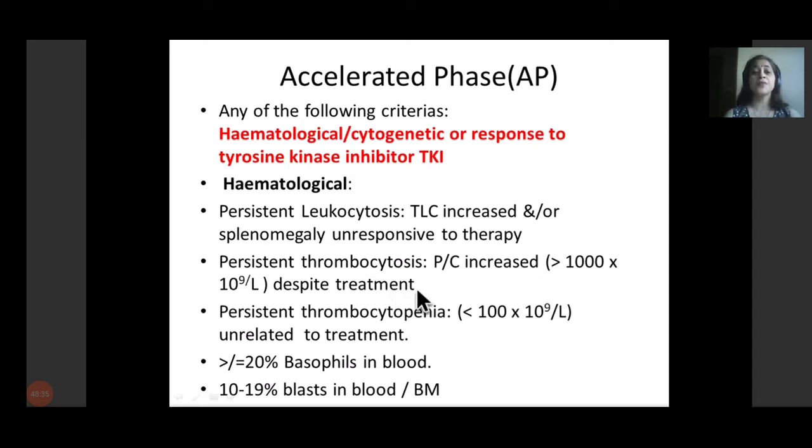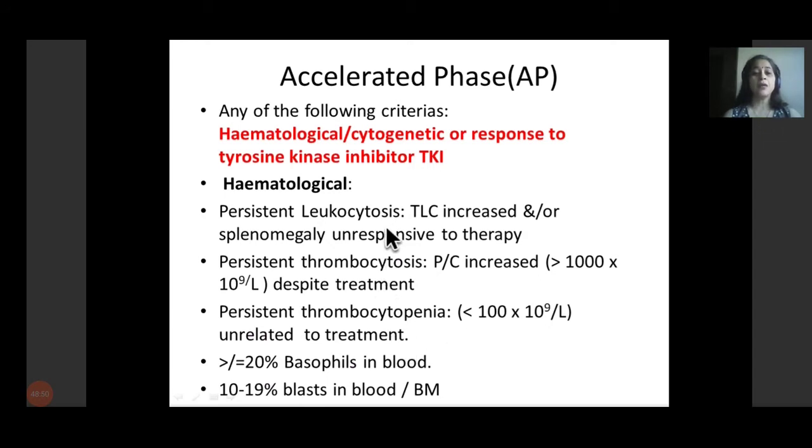That is unresponsive thrombocytosis, which is persisting despite the treatment. And or there could be persistent thrombocytopenia, which is less than 100,000 per microliter, unrelated to treatment.